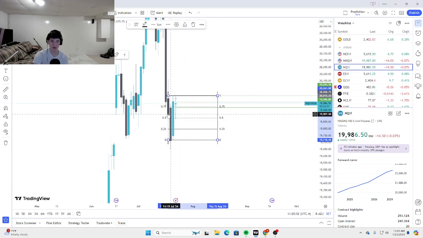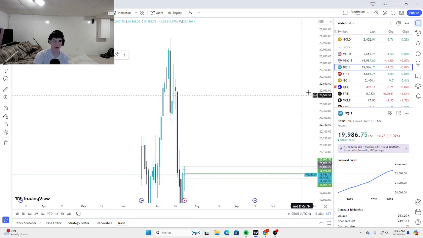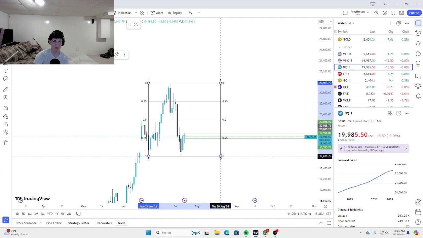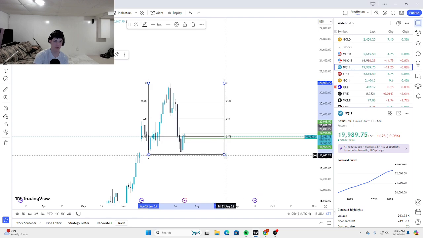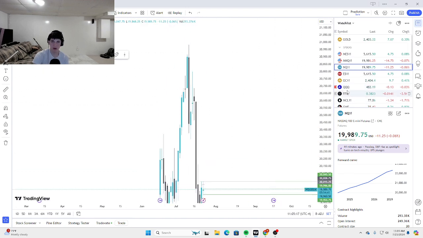We filled this equilibrium here on the daily candle. So I think we'll start pushing up at least into this high time frame equilibrium before we see another movement down, like a big movement down. So yeah, I'm gonna just keep that in the back of my head.